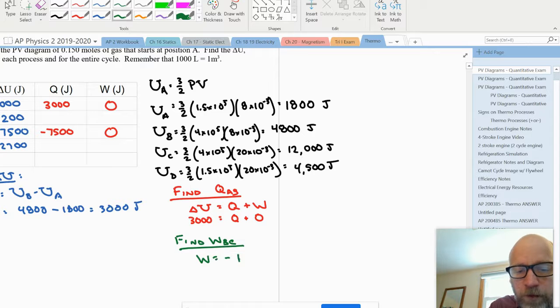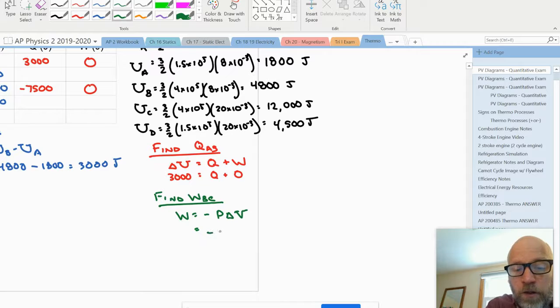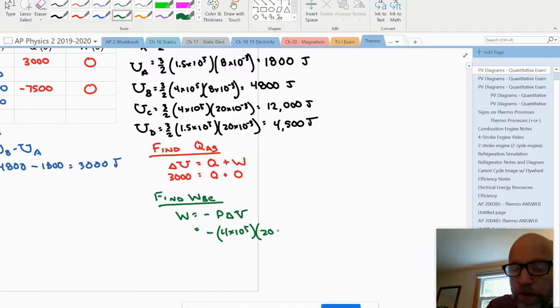Work equals negative P delta V. The pressure was 4 times 10 to the 5th. And the change in volume, I've got to do final volume, so 20 times 10 to the minus 3 minus 8 times 10 to the minus 3. And the work done during that process, that's right, it's going to be negative 4,800 joules.